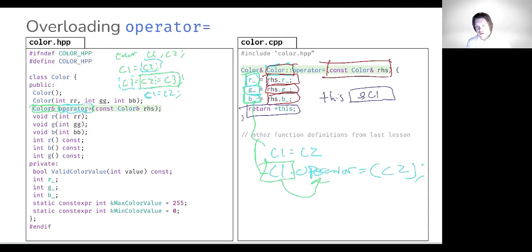So when I dereference this, which we can express as a pointer to C1, we're actually getting back C1, or the object that invoked this function. And since we're returning by reference, what is going to be returned is a reference to the actual C1 object.